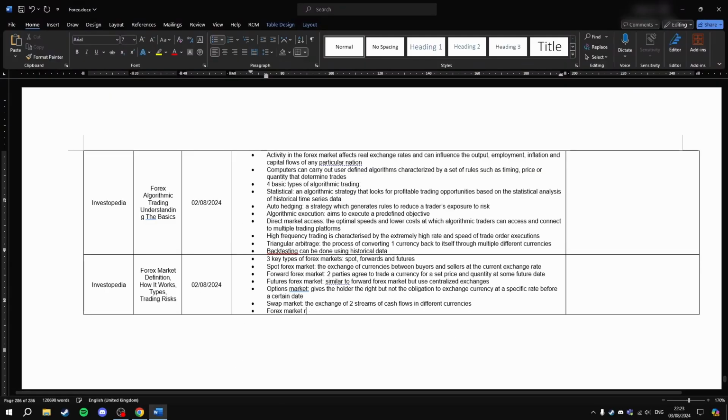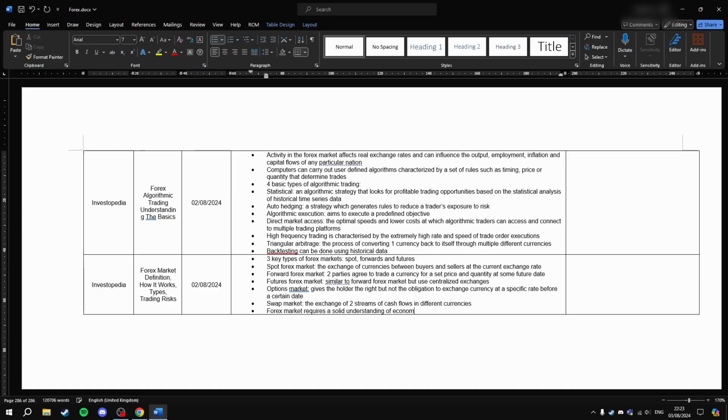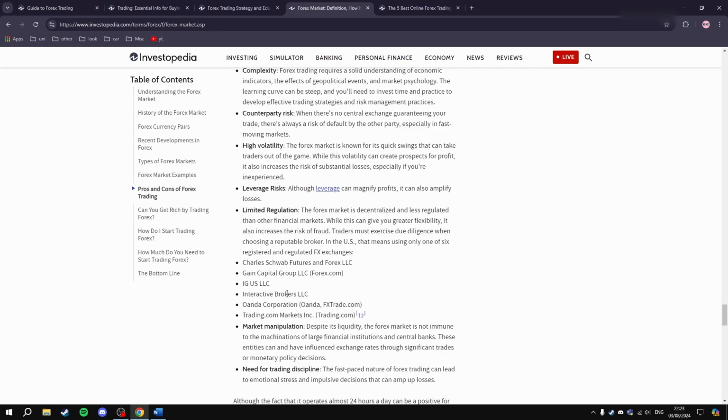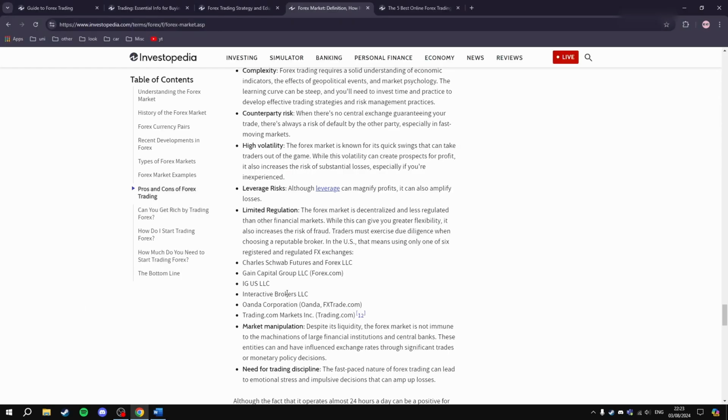The learning curve can be steep, and you'll need to invest time and practice to develop effective trading strategies and risk management practices.